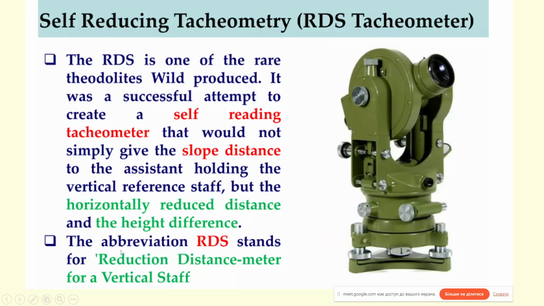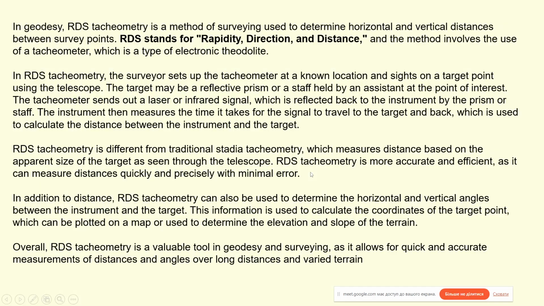The abbreviation RDS stands for Reduction Distance Meter for Vertical Staff. RDS tachometry is a method of surveying used to determine horizontal and vertical distances between survey points.